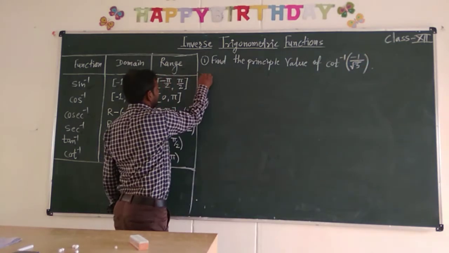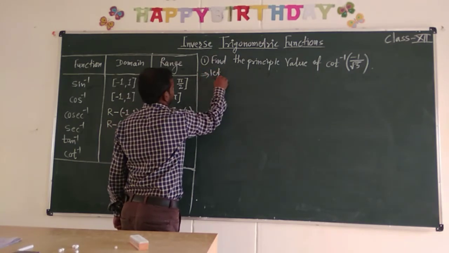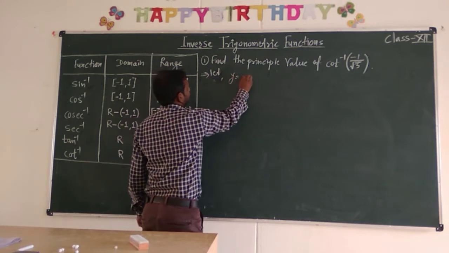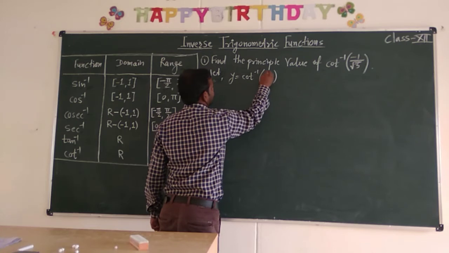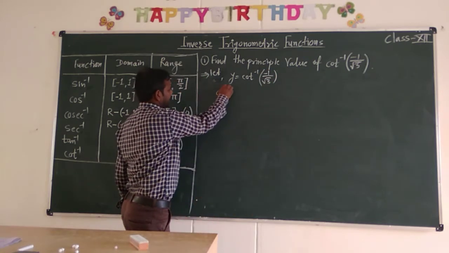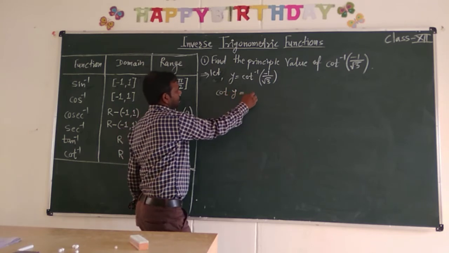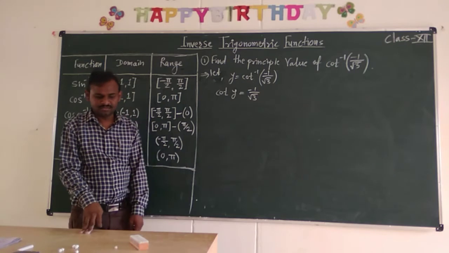Again, we have to write it. Let y equal cot inverse, sorry, minus 1 by root 3. So we get cot y equal to minus 1 by root 3.